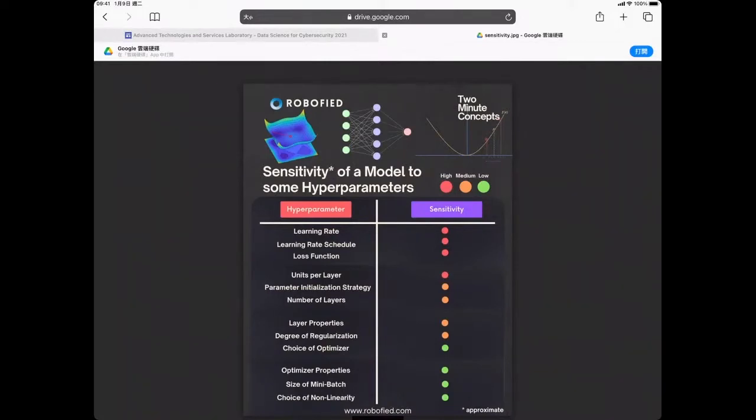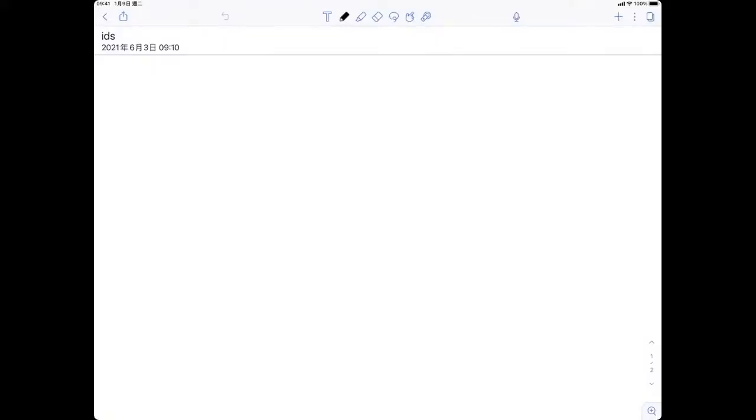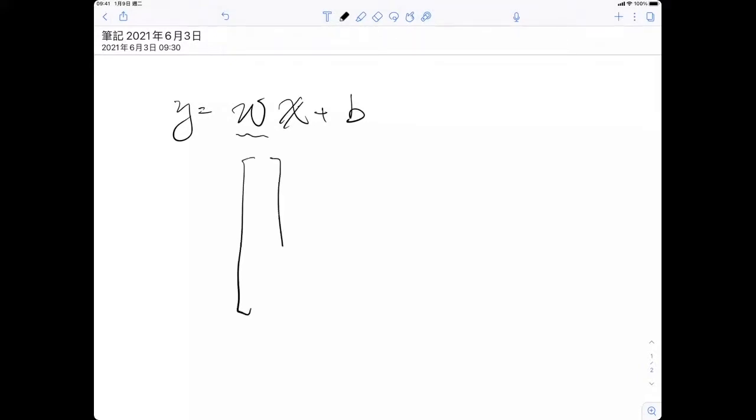But sometimes choosing the initial value might be important in Keras or TensorFlow. Sometimes we just use the simplest strategy. When we choose initial parameters A and B, those weights, usually we use a random strategy, which is okay. But sometimes Keras or TensorFlow have a specific strategy. For example, if the weight vector is 300 dimensional, we have to choose a lot of random values as initial values so that we can do partial differentiation.